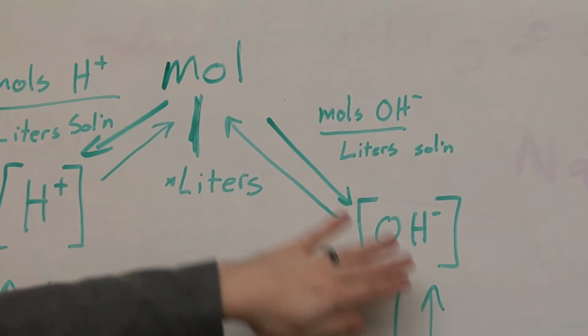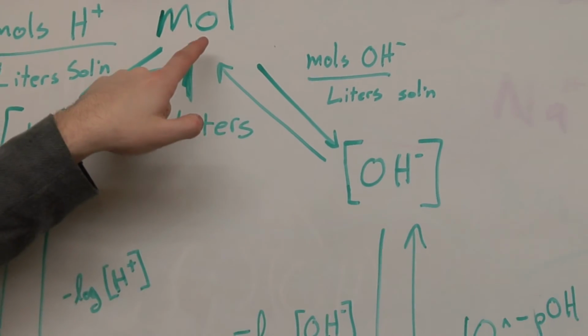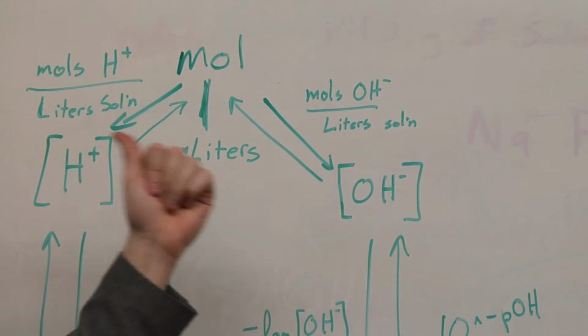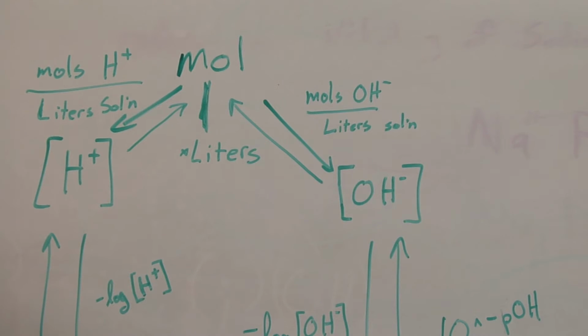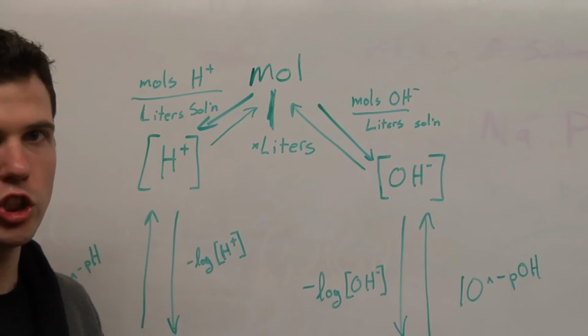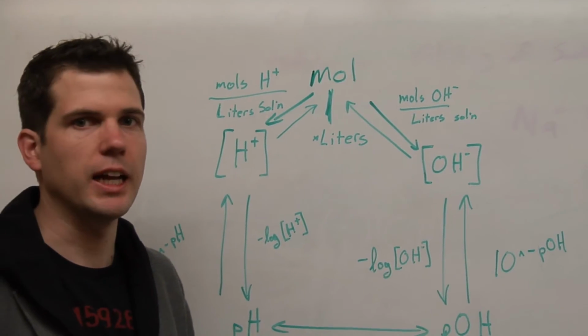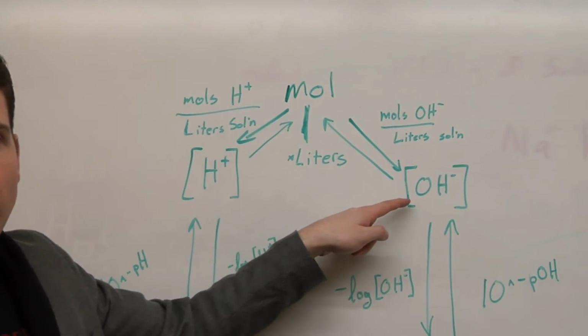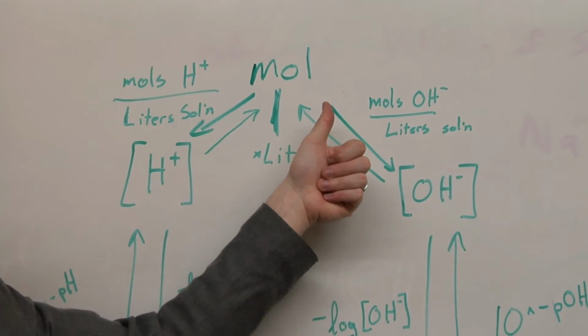Now remember, if you're on the right-hand side, then it will always be focusing on hydroxide. If you're on the left-hand side, it will always be focusing on pure hydrogen. Well, not hydrogen gas like H2, but hydrogen ions. So if you're going down, you divide by liters, up you multiply by liters.